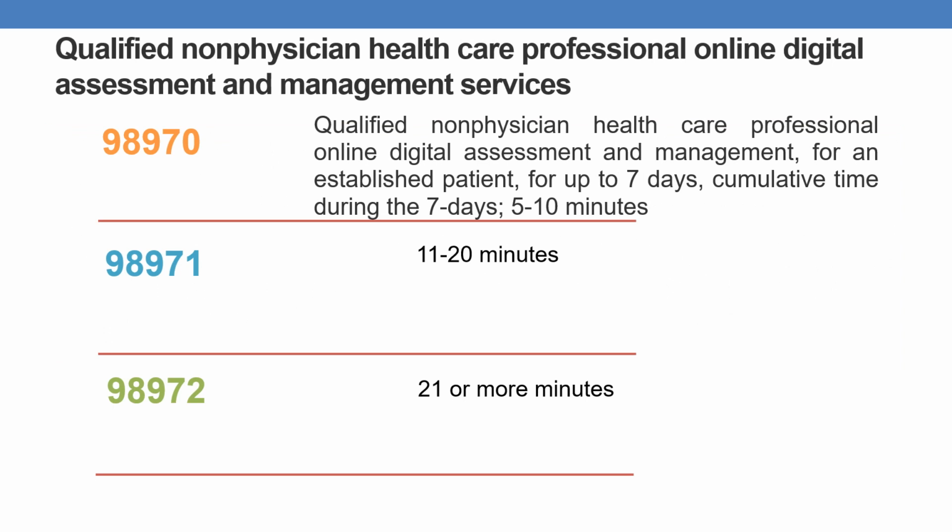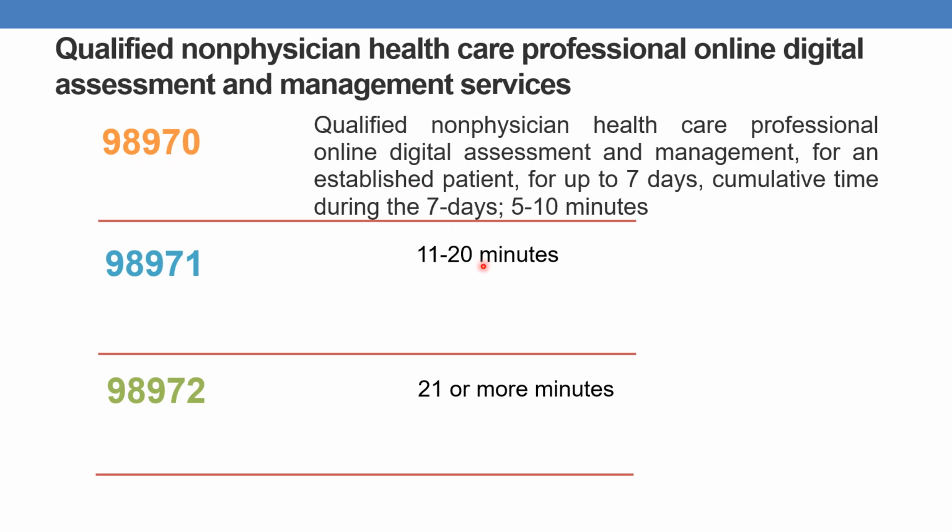Now let us see the CPTs. There are 3 CPTs in total: 98970, 98971 and 98972. 98970 deals with qualified non-physician healthcare professional online digital assessment and management for an established patient up to 7 days. If the cumulative time during the 7-day period is 5 to 10 minutes, you can report 98970.